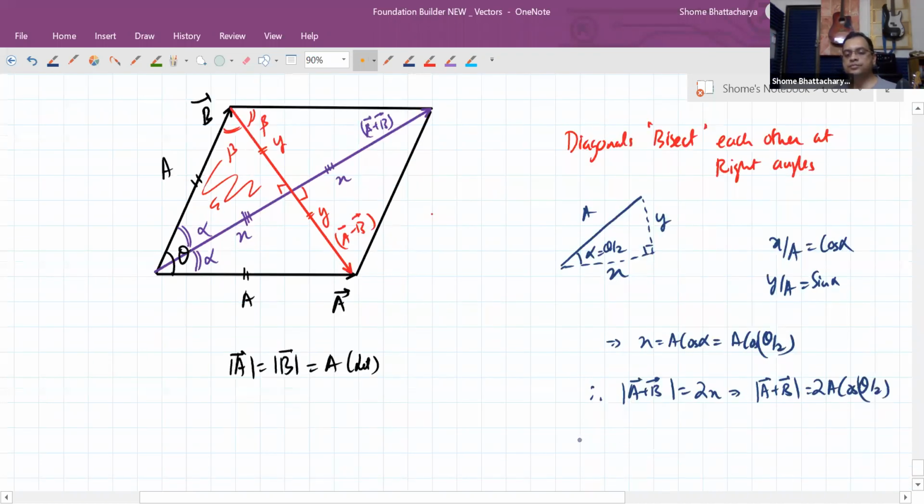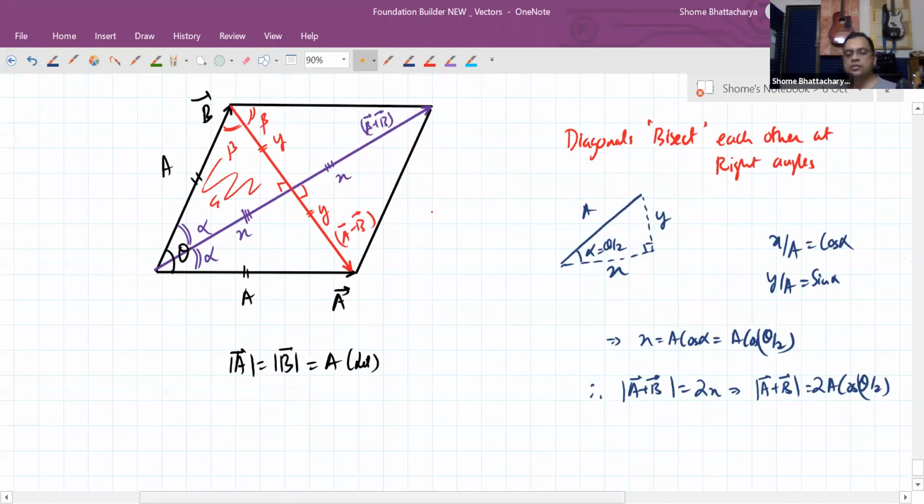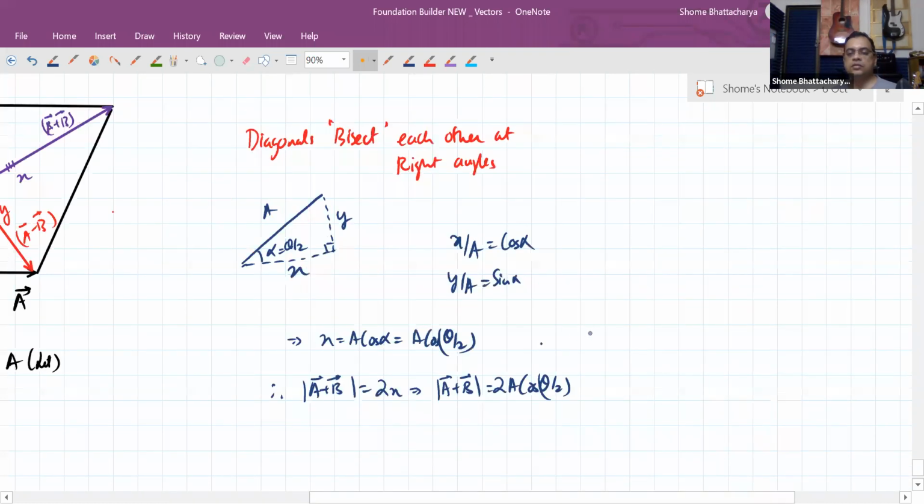Similarly, from there you can see y is a sin alpha, that is a sin theta by 2. So the secondary diagonal a minus b, in the diagram you can see, is 2y.